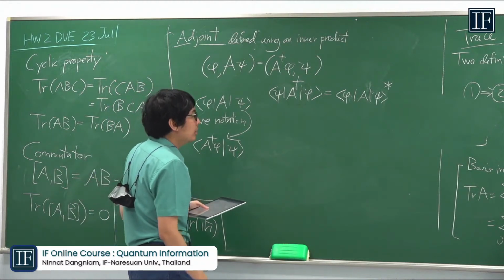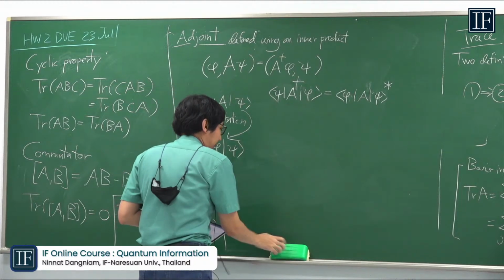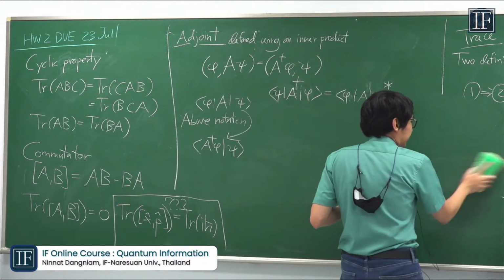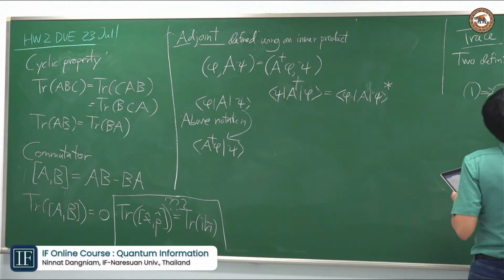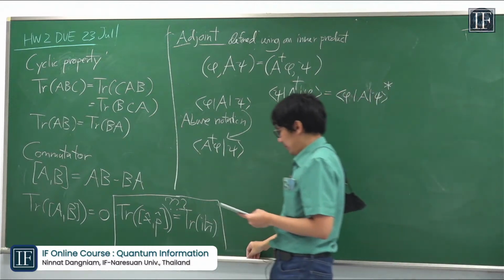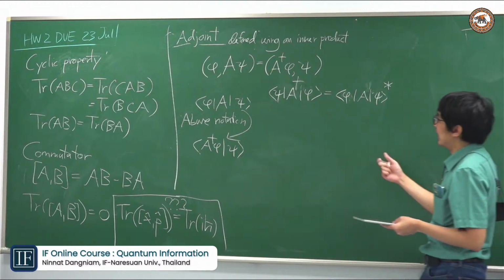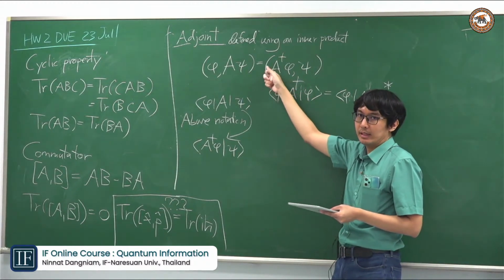But okay, first, let's just list some properties of the adjoint. I don't think I'm going to prove all of these, but I want to say that they can be proved directly using this definition inside the inner product.